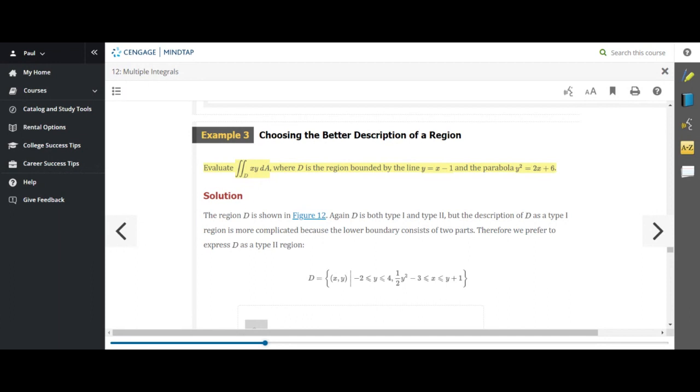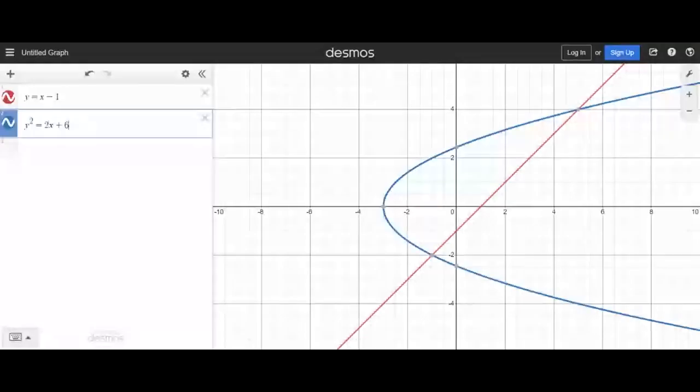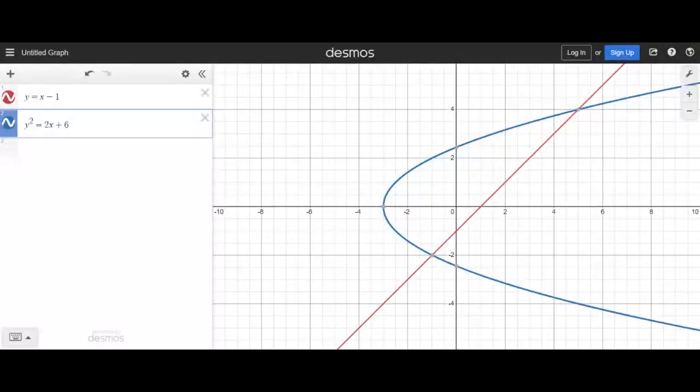All right, so let me see here. I went to Desmos here, and here's what Desmos drew.